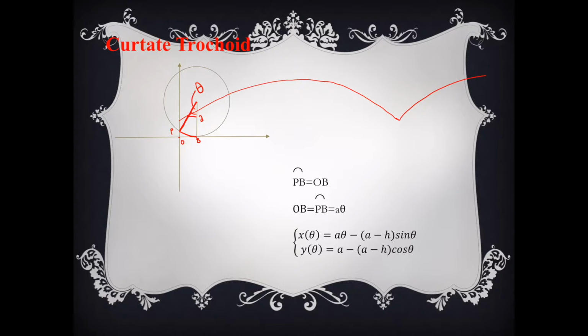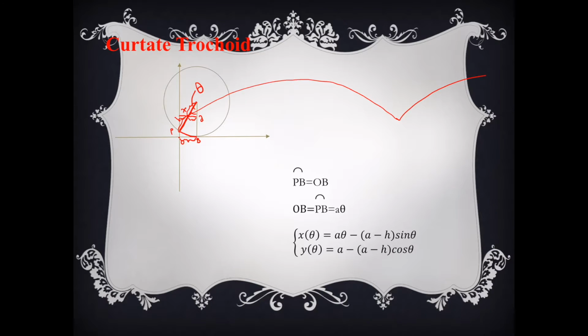With that known, we know that the x of this point, which is the point that we are following, equals OB minus the base of this small triangle right here. And the base of that small triangle equals sine theta times the length of this. But the length of that equals the radius of the circle minus the length of this part, which is h.